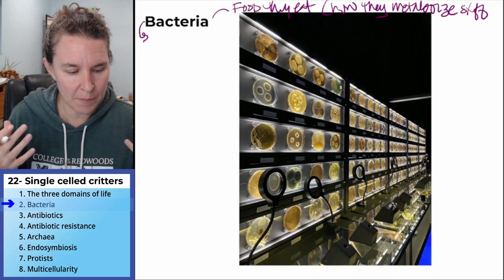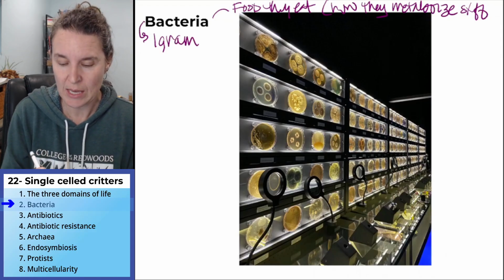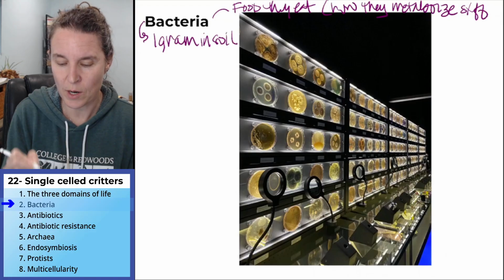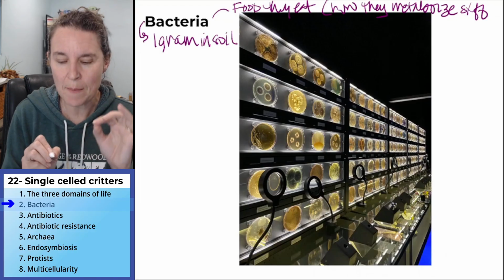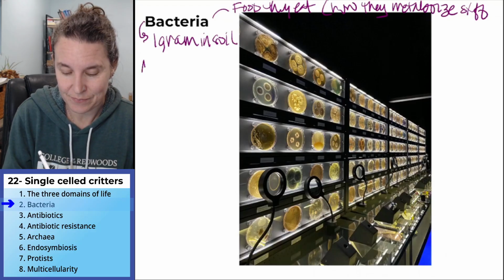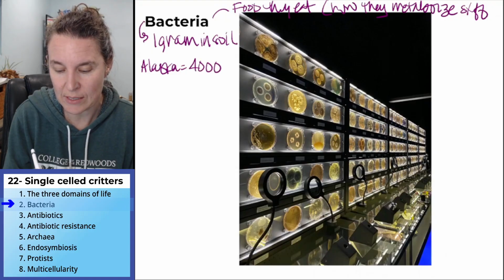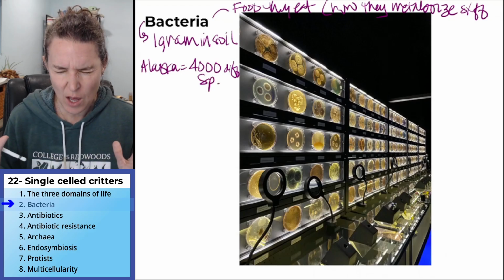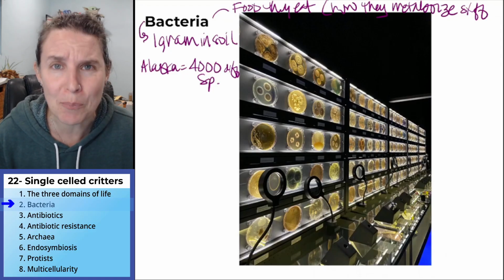For some perspective, think about this. 1 gram of soil in Alaska has 4,000 different species of bacteria in it. 1 gram of soil is the weight of a paper clip.